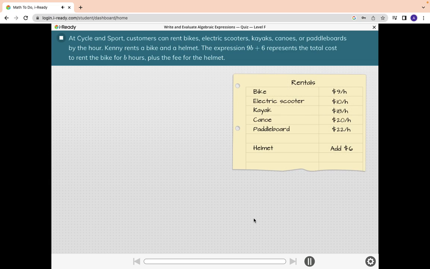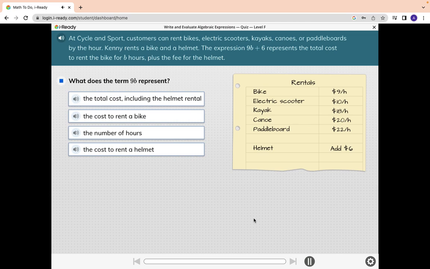At Cycle and Sport, customers can rent bikes, electric scooters, kayaks, canoes, or paddleboards by the hour. Kenny rents a bike and a helmet. The expression 9B plus 6 represents the total cost to rent the bike for B hours plus the fee for the helmet. What does the term 9B represent?